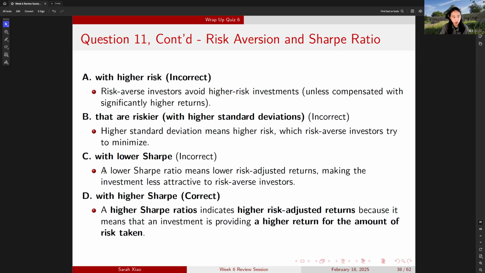For option C, a lower Sharpe ratio means lower risk-adjusted return, which will naturally make the investment less attractive. Finally, a higher Sharpe ratio indicates higher risk-adjusted returns because it means that an investment is providing a higher return for the amount of risk taken. Therefore, risk-averse investors will prefer the portfolio with higher Sharpe ratio.